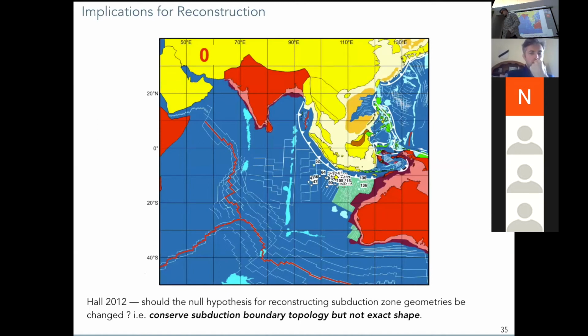I wanted to put myself in the crosshairs of people who do tectonic reconstruction, by just pointing out that we ought to probably change the null hypothesis for plate reconstruction, which, I think, the broad view, at least in the models that I see people present, is that if you have no reason to change the geometry of a plate boundary, you don't.